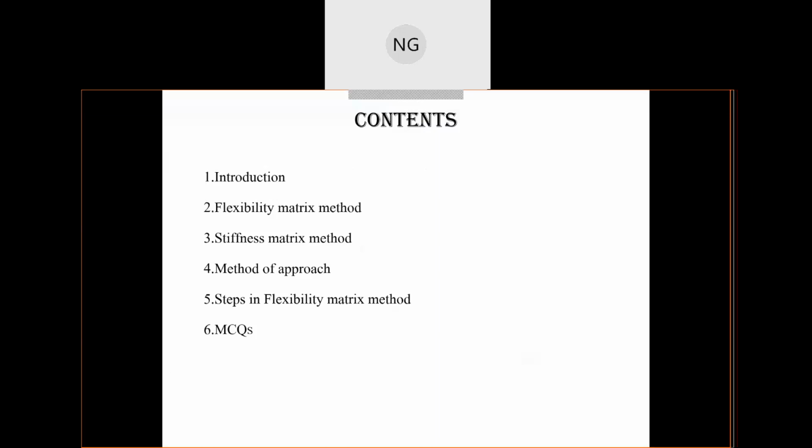Therefore, we require the matrix method to solve that type of problems. A consistent form is formed by this matrix method, and the stiffness matrix method and flexibility matrix method are the two different types in the matrix method that we discuss.